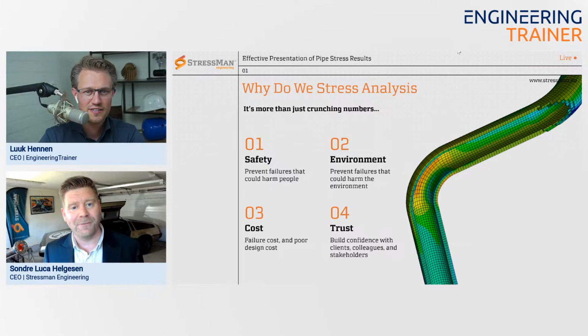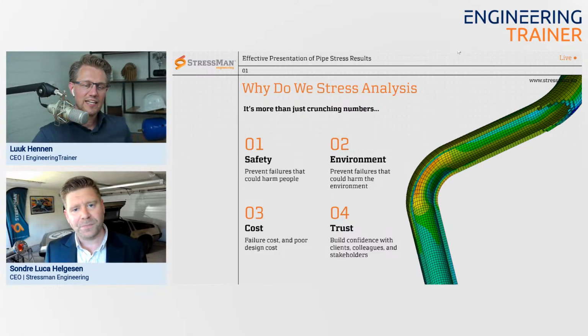The owner would need to repair his process plant or his offshore oil rig or whatever it is. That can be really expensive, and failure costs a lot. But poor designs also cost. For example, if you have too much flexibility in your piping system, then maybe the pressure drop is more than it needs to be, so you have an operational cost over the lifetime of the facility.